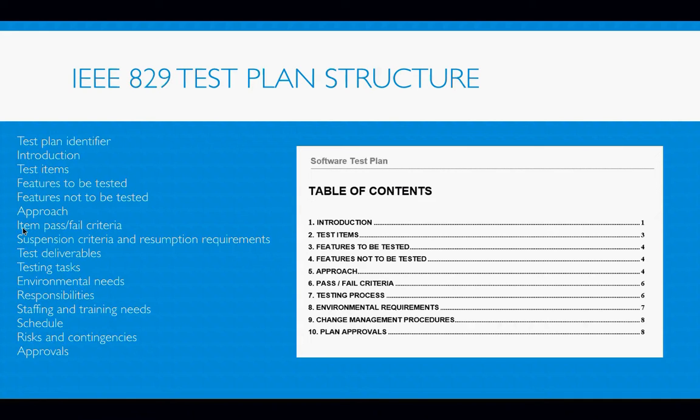Then you also have your suspension criteria and resumption requirements. In this section, people will put entry criteria and also exit criteria. So if I want to start testing, what are the things that I need? And if I say I've finished testing, what exactly am I saying?